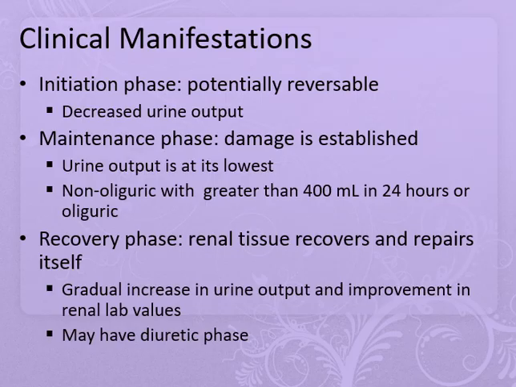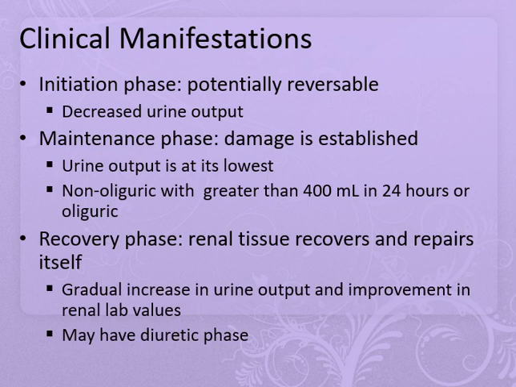Some may be non-oliguric and have some normal urine output of 1 to 2 liters per day. Their lab work is still abnormal even if they are making urine because they're getting rid of volume, they're not getting rid of waste products.